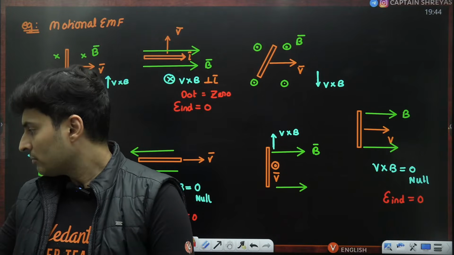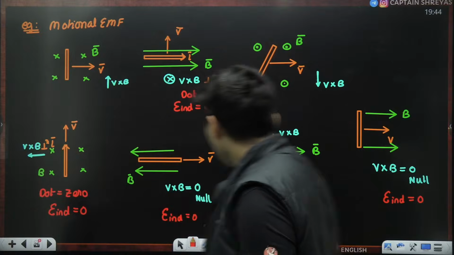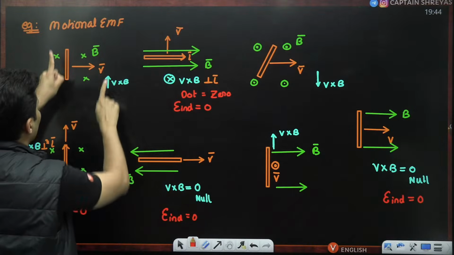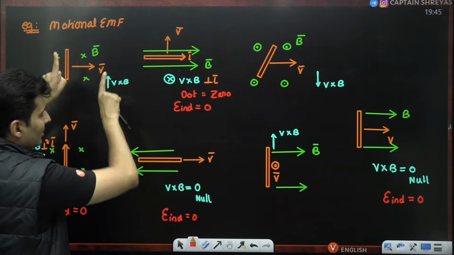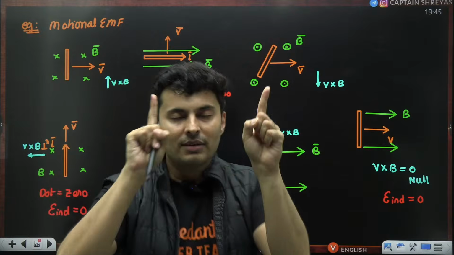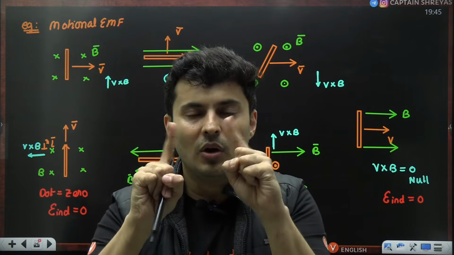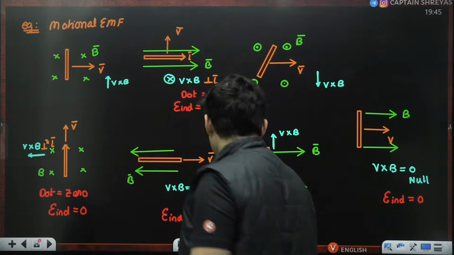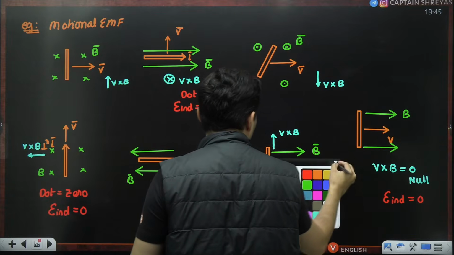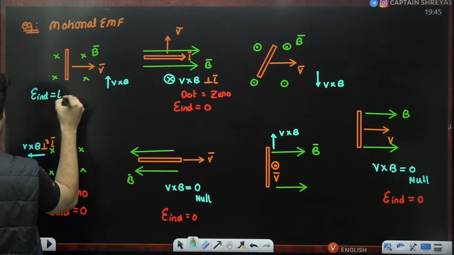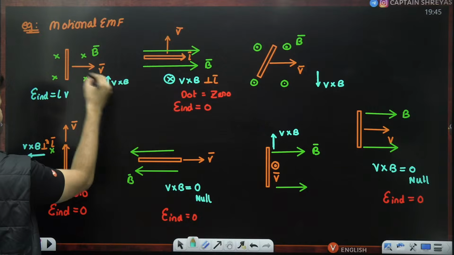Just do that. Cool. Now, here length and V cross B are parallel to each other. So when the vectors are parallel, cos of the angle between them, cos 0, will be 1. So hence I will say that the induced EMF will be L into V into B, because V and B are themselves perpendicular.